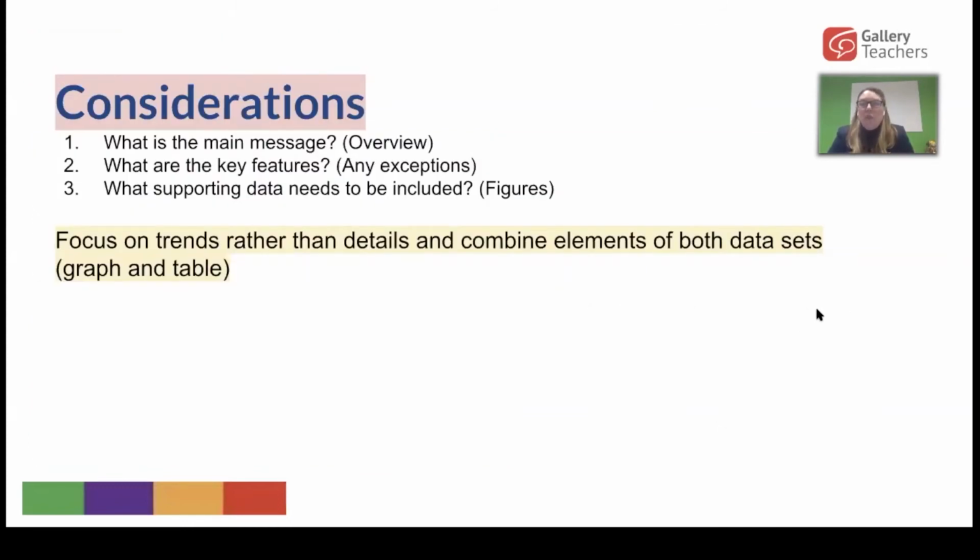What considerations do we have to take into account when we are actually thinking, pen to paper, what do I need to write? The first thing that we really need to think about is, what is the main message? What is the overview of this data?